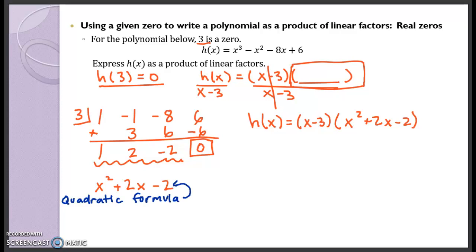Now the quadratic formula is negative b plus or minus the square root of b squared minus 4ac all over 2a. Now, I'm going to sing a song. This is the only song I'm ever going to sing.